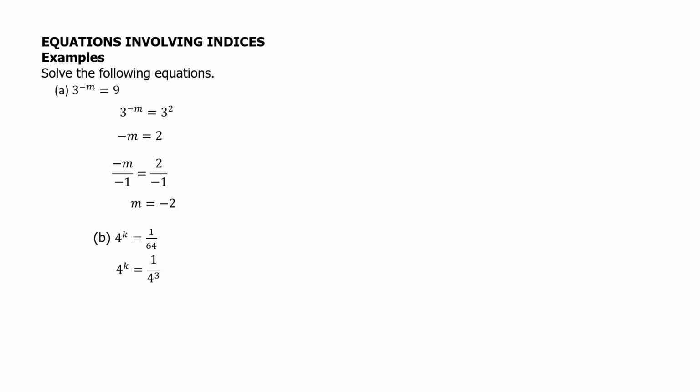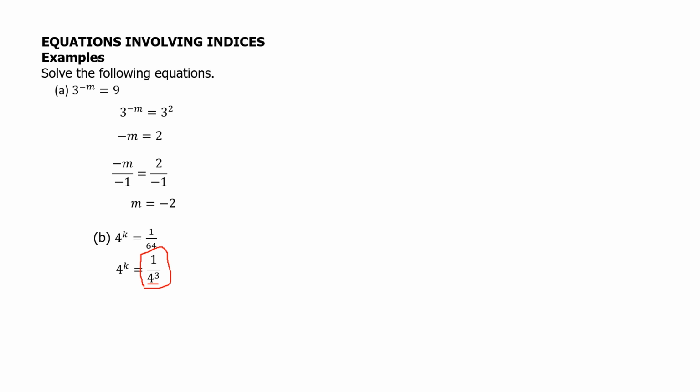To have the 4 power k to be equal to 1 all over 4 power 3 now. We are seeing that the right hand side is having a fraction. Then we find ways of making that fraction to be in the numerator. Remember when we said that if you want to make the reciprocal of the base, you make the power negative.